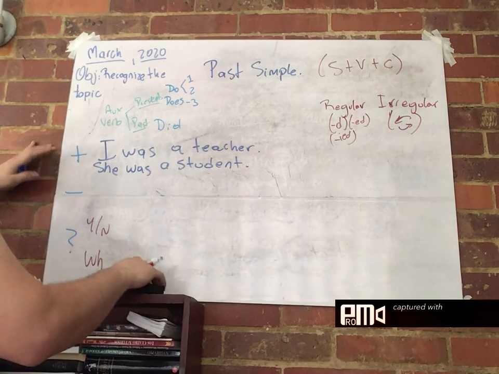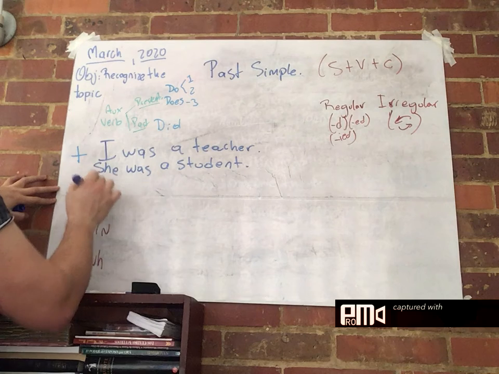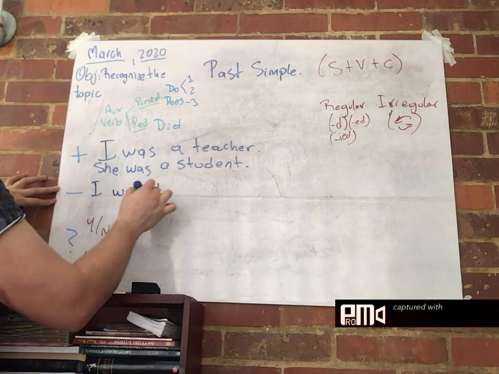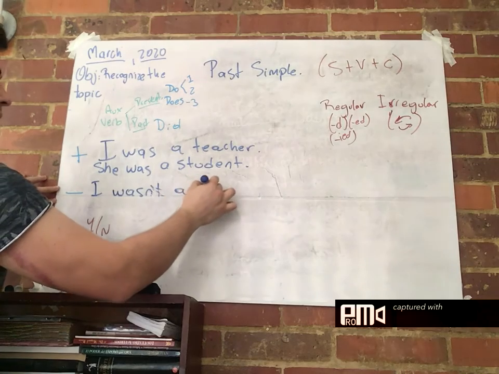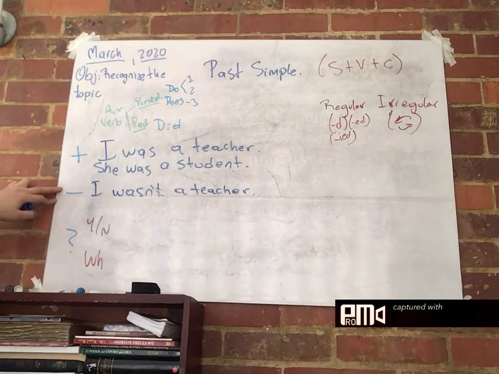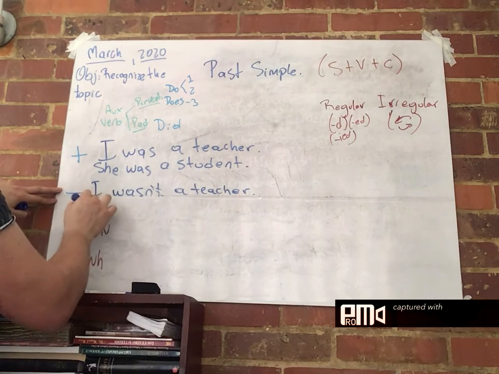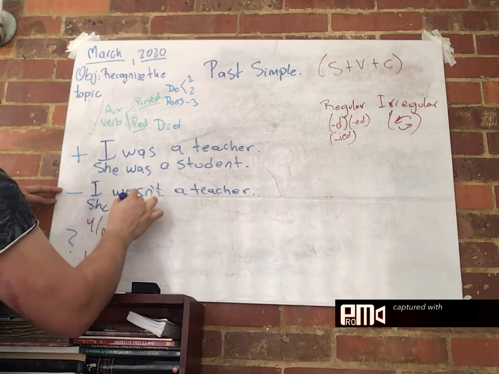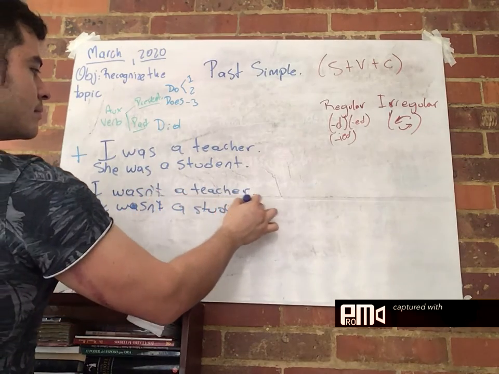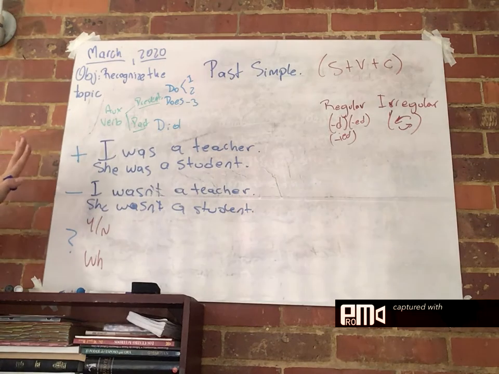In a negative way, we use wasn't. I wasn't a teacher. I was an engineer. Or she wasn't a student. She was a teacher.